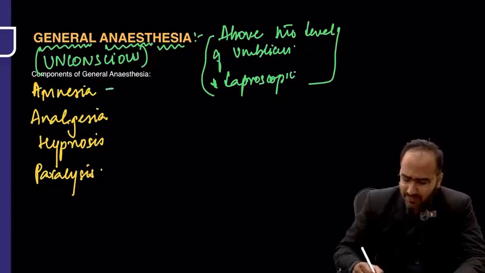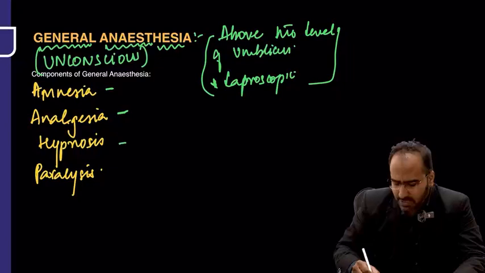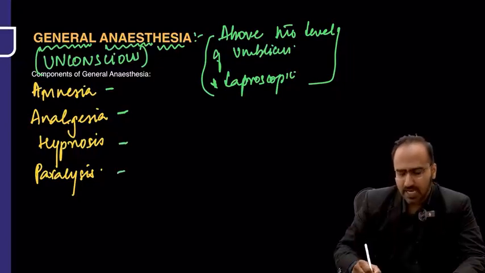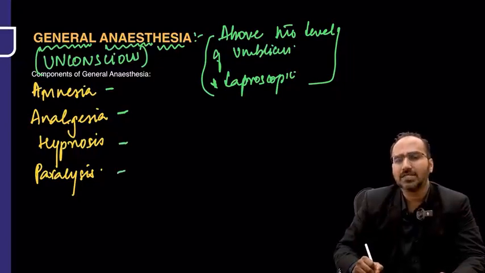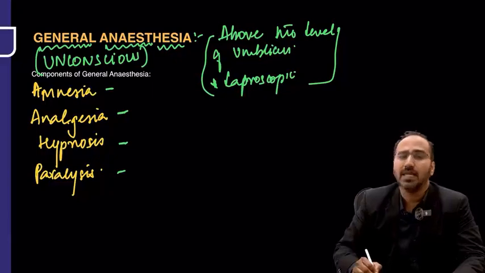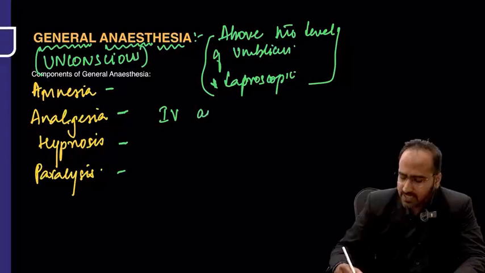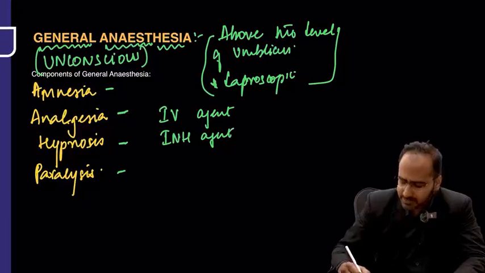The patient should have amnesia, analgesia, hypnosis. And he should have paralysis so that he does not move during surgery. These are the components of general anesthesia which can be achieved by using IV agents, inhalational agents, and muscle relaxants.